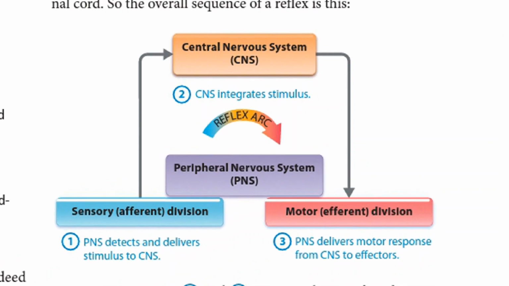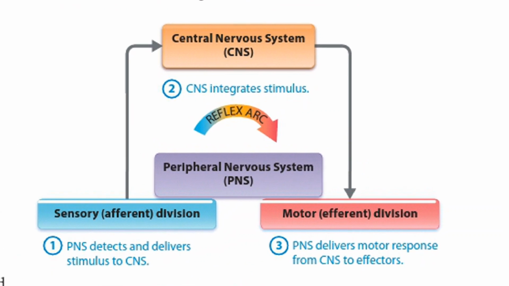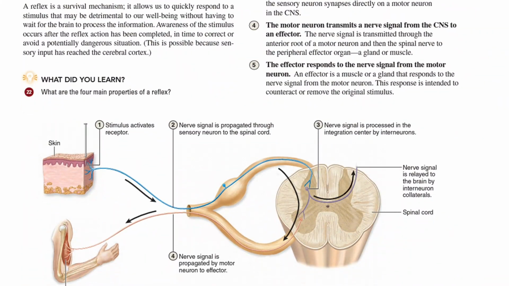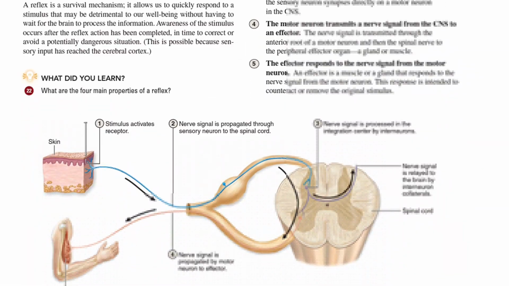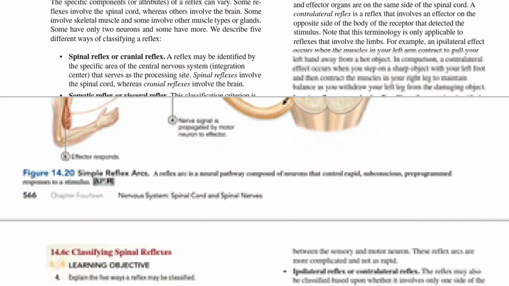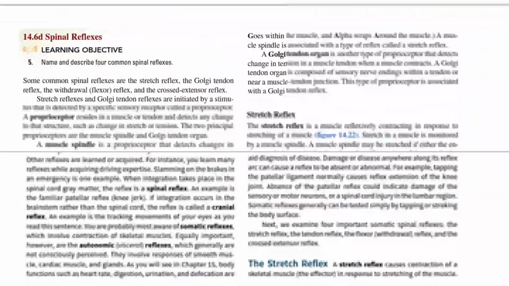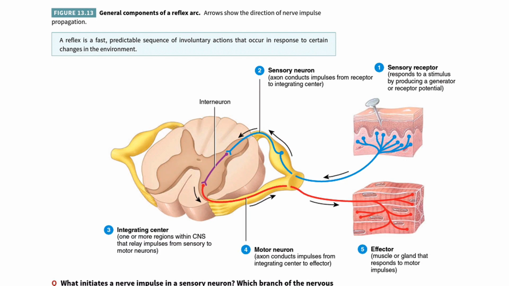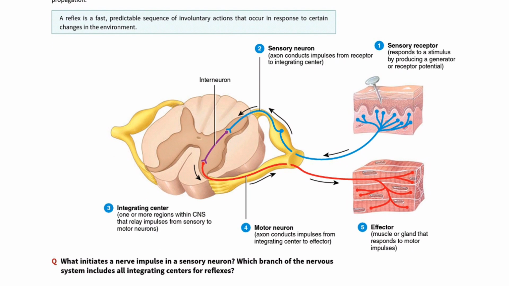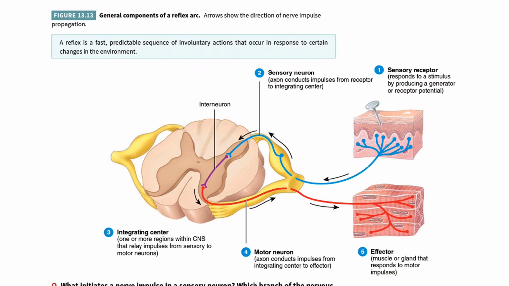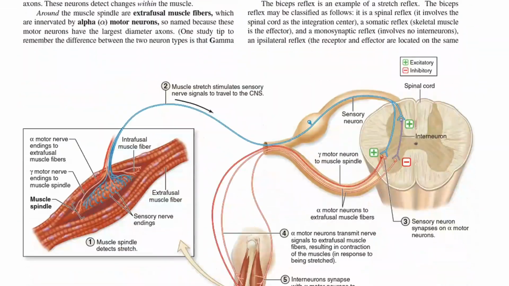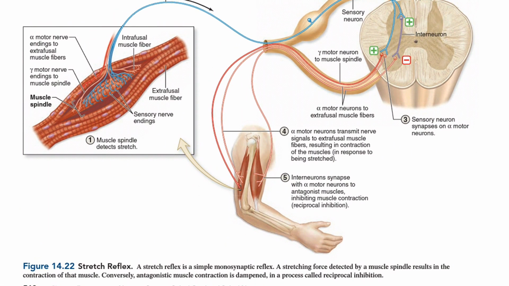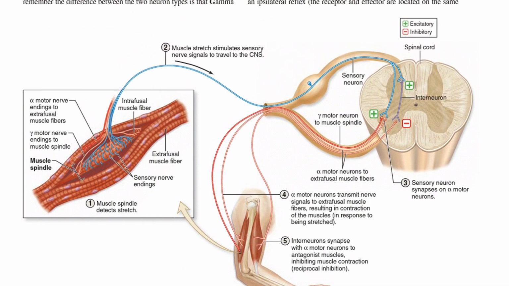A small concept map for reflex action. And this is also the general component of a reflex arc, the simplest example of a reflex arc. This is the stretch reflex.